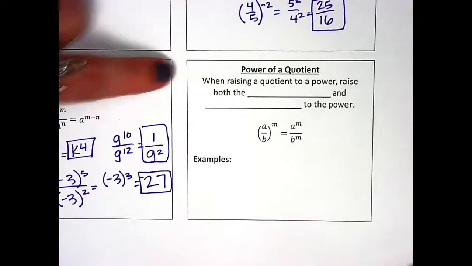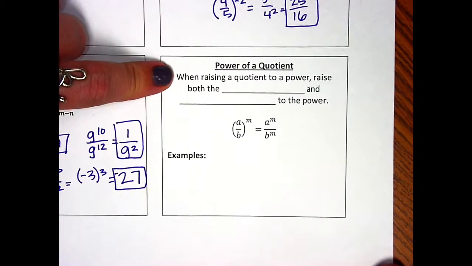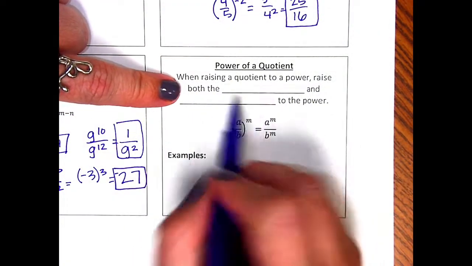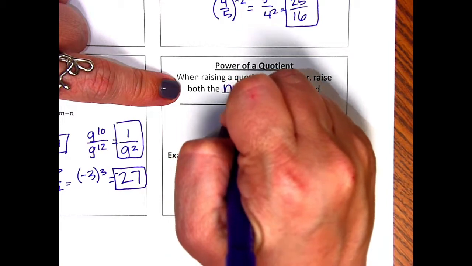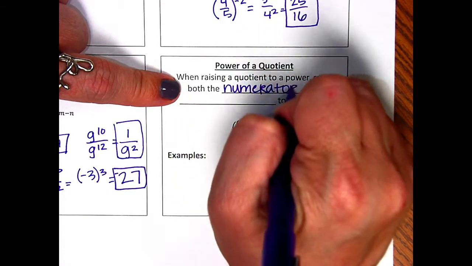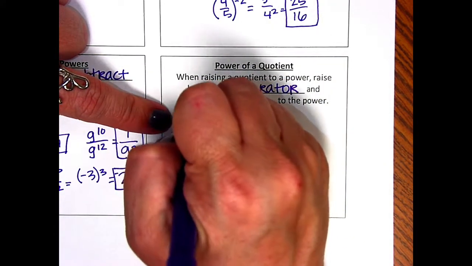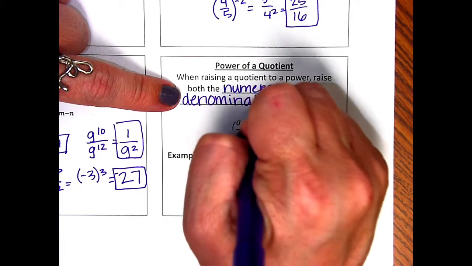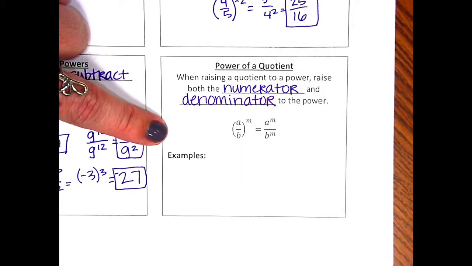Okay. And the last one we have for today is power of a quotient. So when raising a quotient to a power, raise both the numerator and denominator to the power.